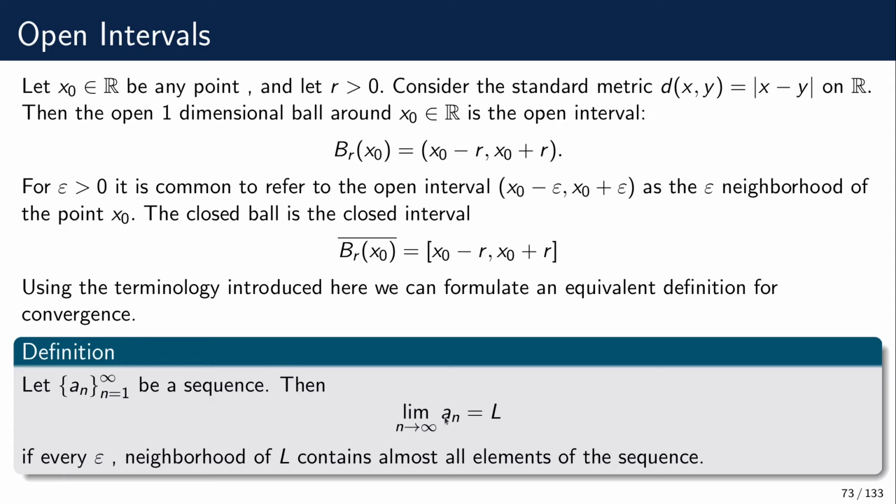Then we say that the limit of an is L if every epsilon neighborhood, this ball with radius epsilon centered at L, I mean all the points whose distance from L is smaller than epsilon, contains almost all the elements of the sequence. Okay, it contains all the elements except maybe for finitely many.